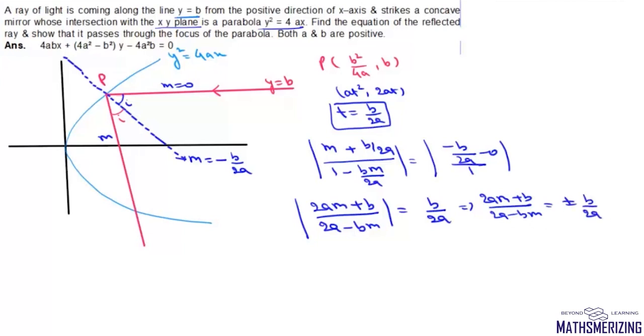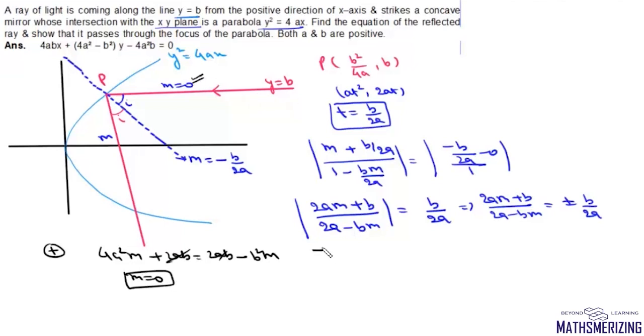First we'll take the plus sign. Then we can write it as 4a square m plus 2ab equals 2ab minus b square m. Now 2ab will cancel, and we get the value of m as 0. So m equals 0 represents the equation of the incident ray and not the reflected ray.